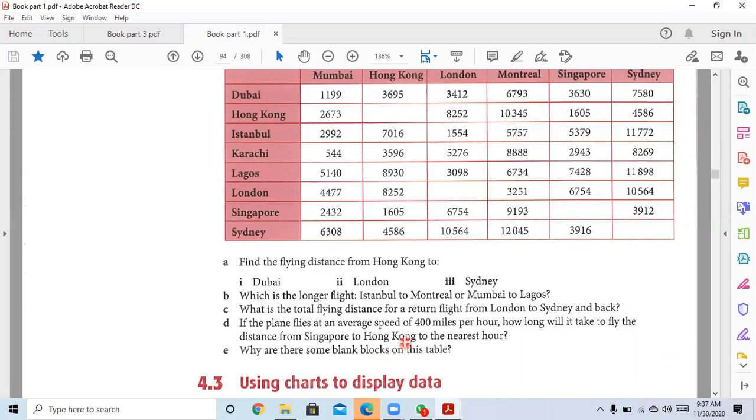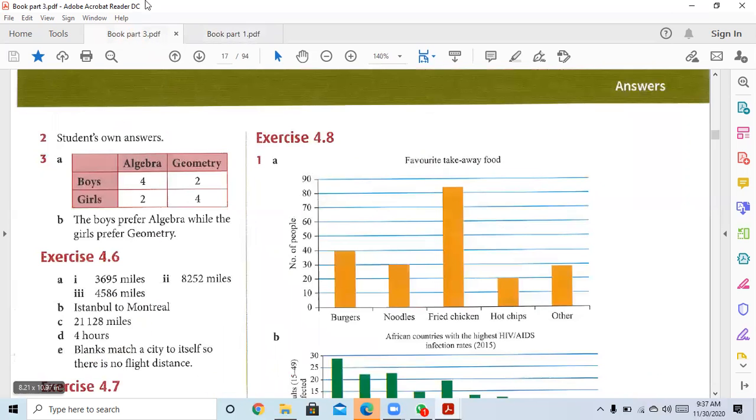It takes about 4 hours. Once I divide this with this number, you will get your answer. So how much time did it take? It's 4 hours.